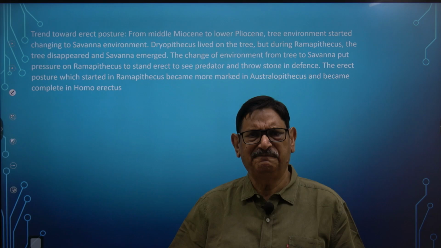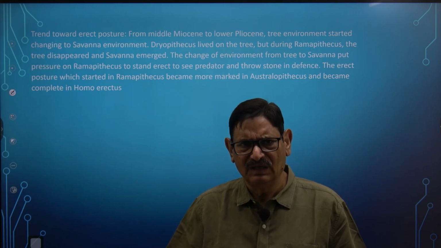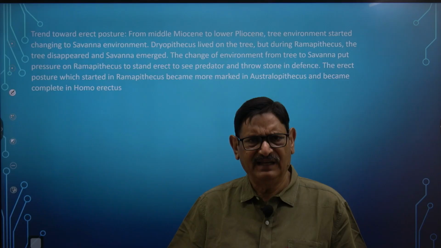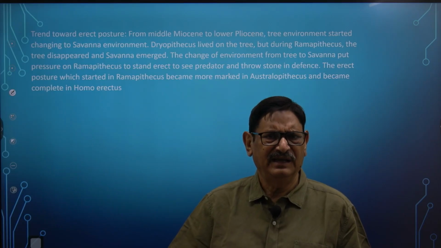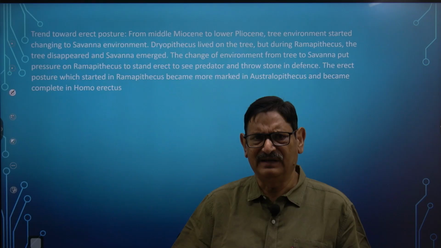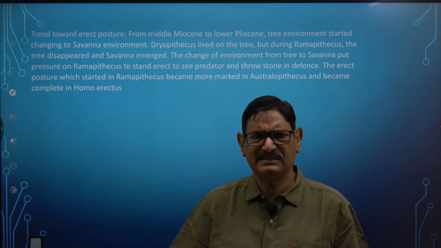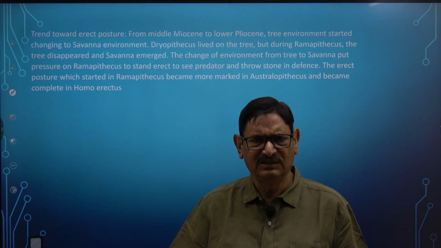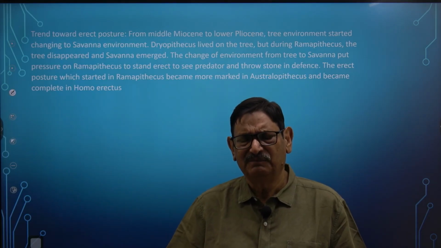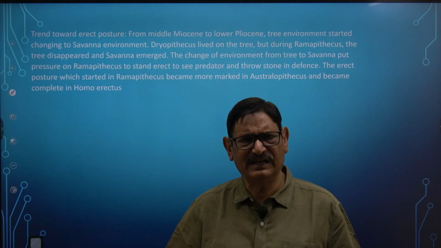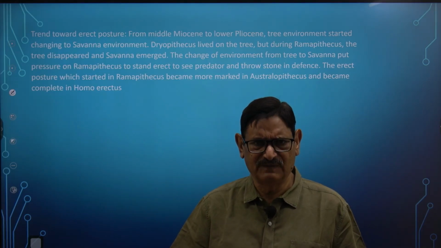Four to five feet tall grasses were there, and Ramapithecus had to live in the savanna environment. In order to see the predator, Ramapithecus had to stand erect. So the change of environment put pressure on Ramapithecus to stand erect and, in self-defense, throw stones.